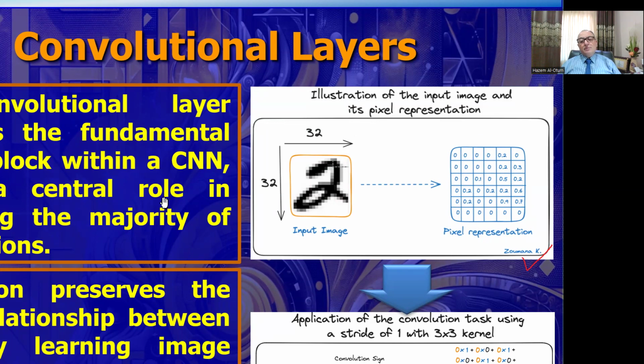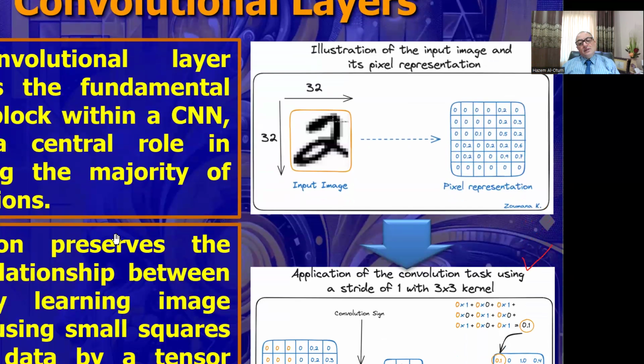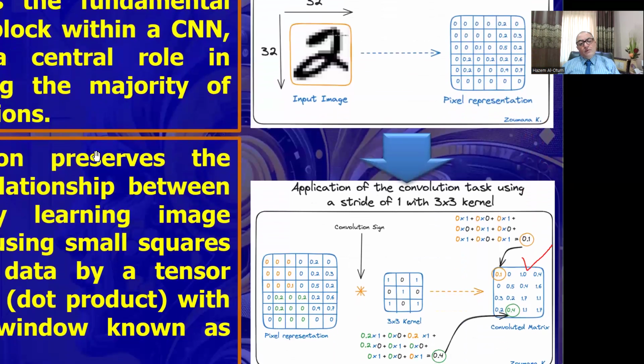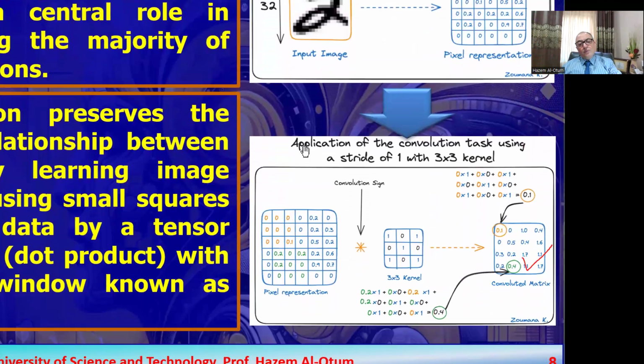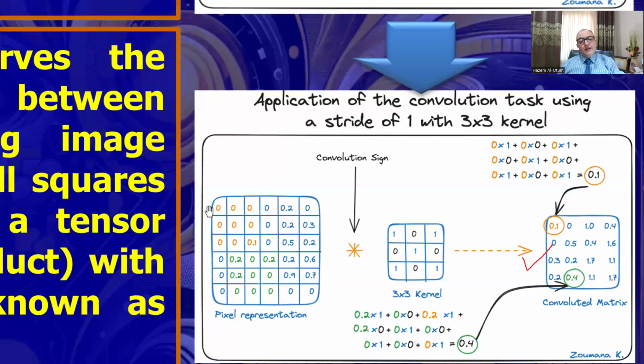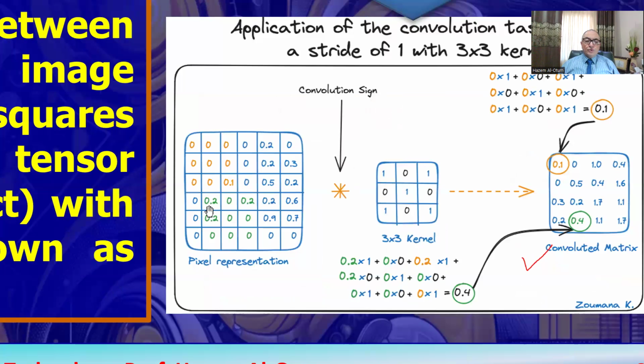Of course, the numbers 0.1 and 0.2 are a scaled version, between 0 and 1, of the grayscale value adopted by this format. Now, if we apply the convolution, in this case you may apply the convolution between these values of the digit 2 with the kernel matrix, as here we have zeros diagonally and ones also diagonally.